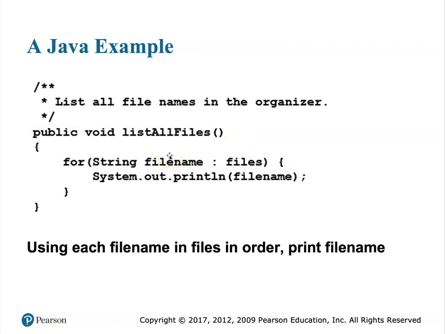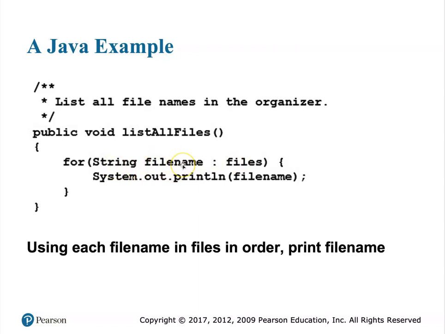But with a for each loop, it's very simple. When we invoke list all files, for every file name in files, print the file name. So the way we say that, files is a collection of string. When we grab a file name from the files collection, we need to store it in a string variable.